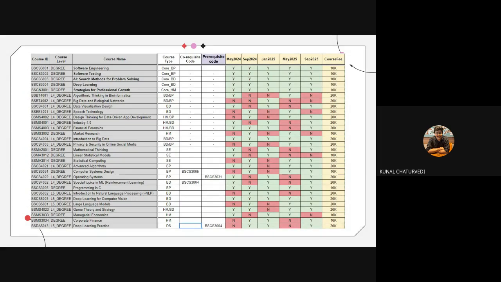Then in the next term, once I have completed, say, software engineering, AI, and SPG, I can proceed to take deep learning, software testing, and other electives from this whole list below. So this is one regulation you have to keep in mind, especially for people starting their BSc level right now.